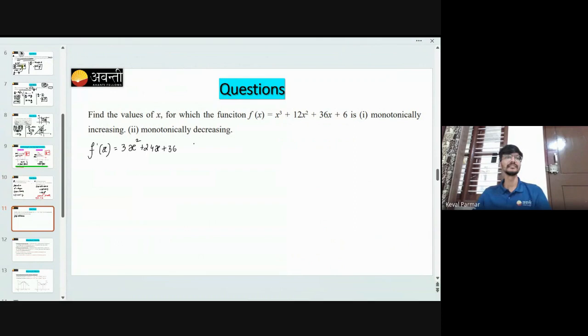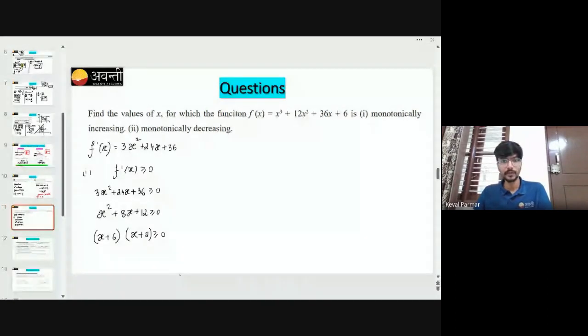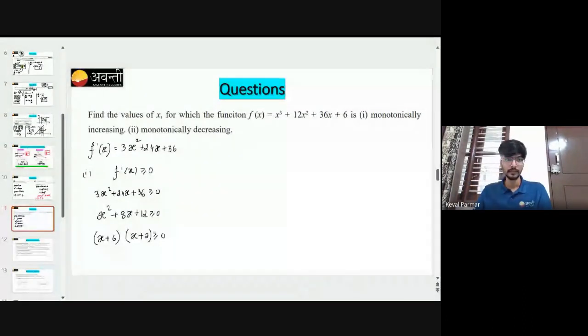This means that if I go for case 1, that means f dash of x should be greater than or equal to 0. Okay, so if you are giving a theory paper, then we have to actually ideally consider cases like case 1, case 2.